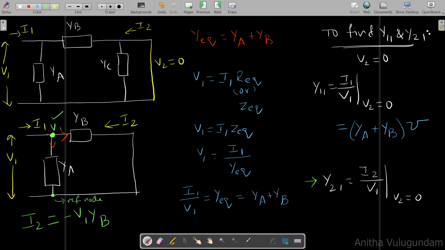The voltage at this node will be equal to V1. The current flowing in this admittance can be written as I2 equal to V1 into YB. And I2 is flowing in reverse direction with respect to I1, so I2 equal to minus V1 into YB. If you rearrange this, I2 by V1 equal to minus YB mho. So Y21 equal to minus YB mho.